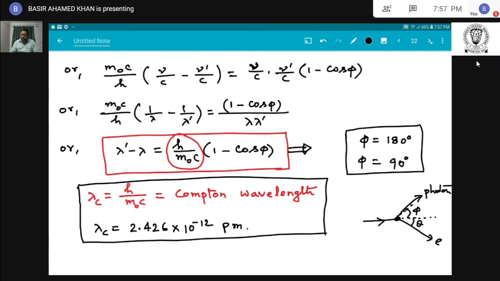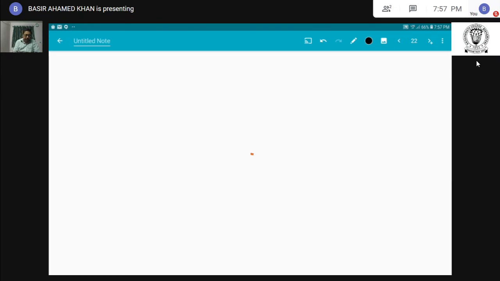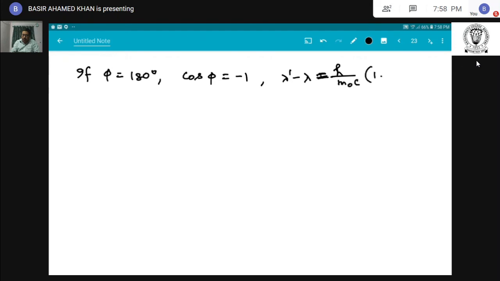But when phi equals 180 degree, cos phi equals minus 1, so lambda prime minus lambda equals h by m0c into 1 minus of minus 1, which is 2 times h by m0c.